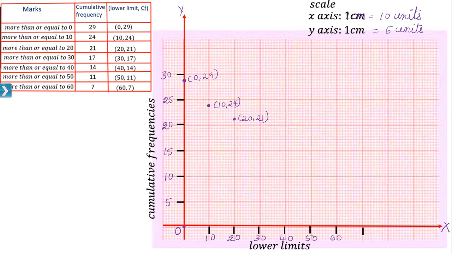Now the next pair is 30, 17. This is 16, this is 17. 30, 17.